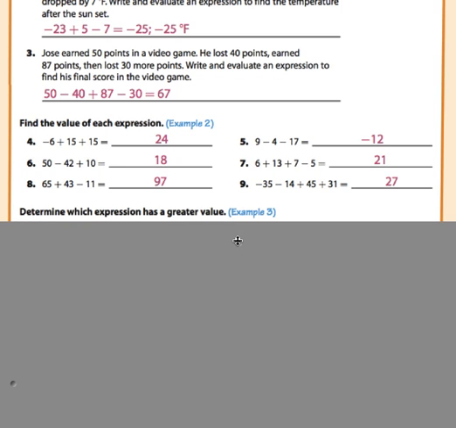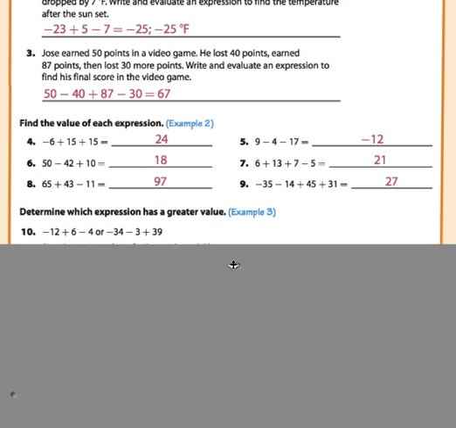Determine which expression has a greater value. So which one of these is more? Which one's greater? Which one ends up with a bigger number? So in order to do this, you should have calculated this problem, then this problem to figure out which one is bigger.